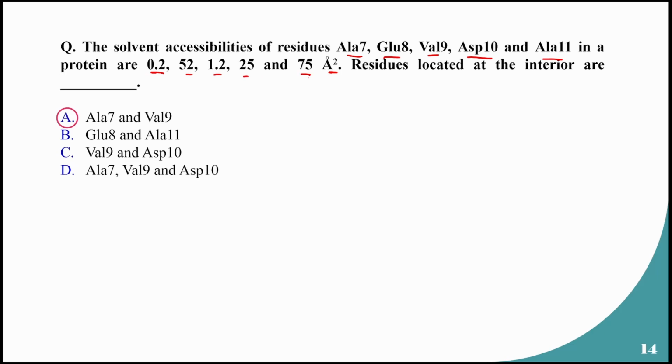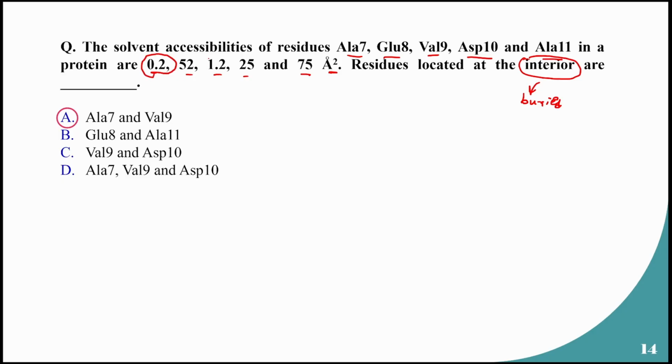Now, when you talk about solvent accessible surface area, the residues that are located at the interior, what does interior mean? Interior usually means buried positions, right? So these residues are in a buried position. If the residues are buried, they will have less access to the outer solvated environment. So for whichever residues the lowest solvent accessible surface area value was observed, those residues should be present in the interior.